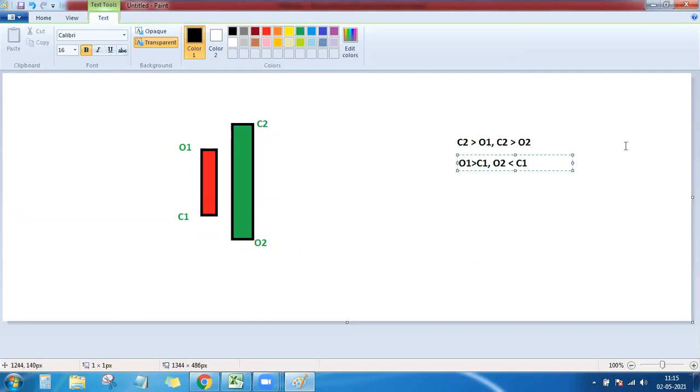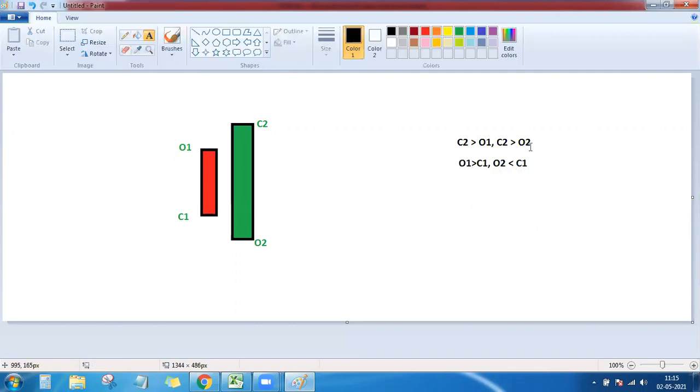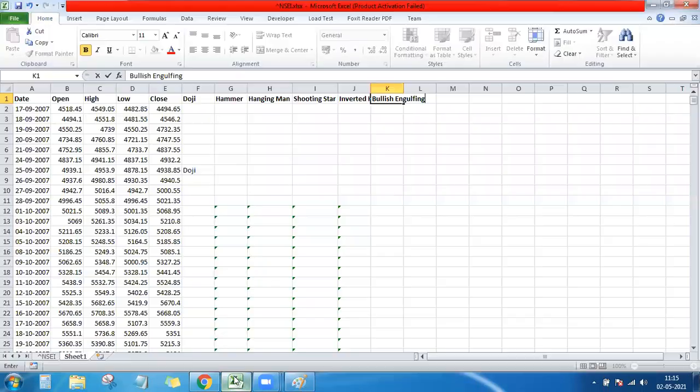This is regarding the gap down opening. Second day it was a gap down. First day it was a red candle. Then again, second day it is a green candle and it has engulfed the previous day's opening price. If you input all these four conditions, it will tell you on which days there was a bullish engulfing candlestick pattern.